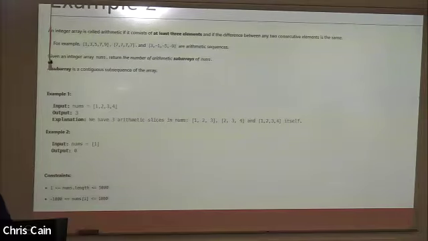Yeah. And I see the logic, I'm just trying to put it in code, or just pseudocode.